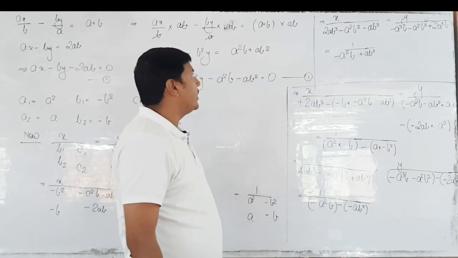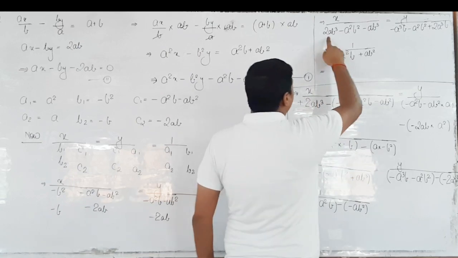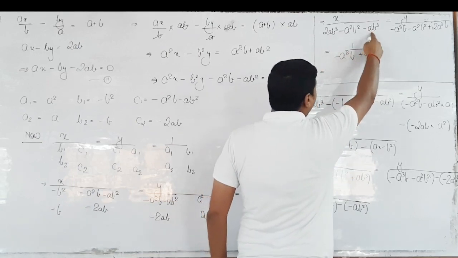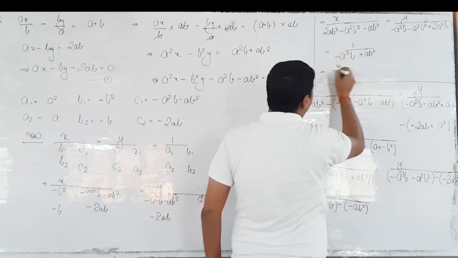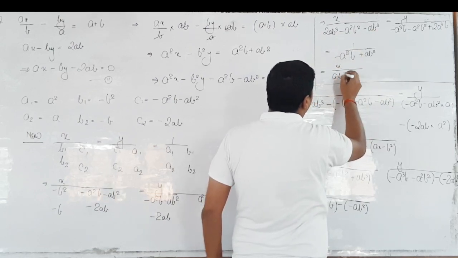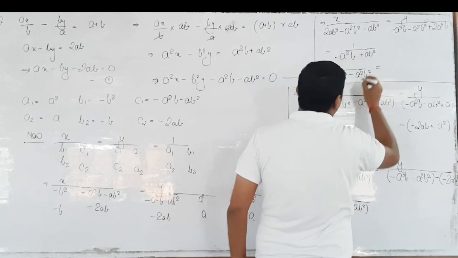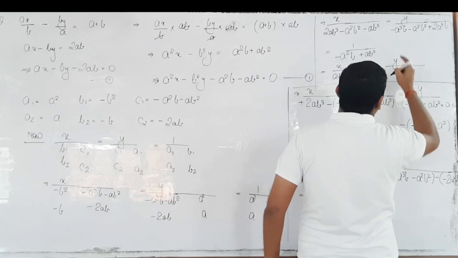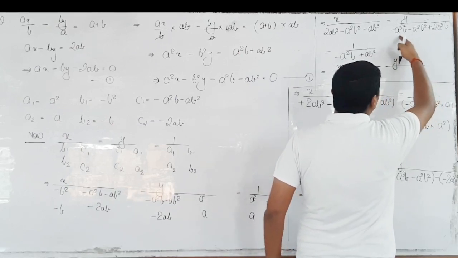So now we have to solve it. So 2ab cube minus ab cube. So it's x by ab cube minus a square minus b square. Y by 2a cube b minus a cube b.